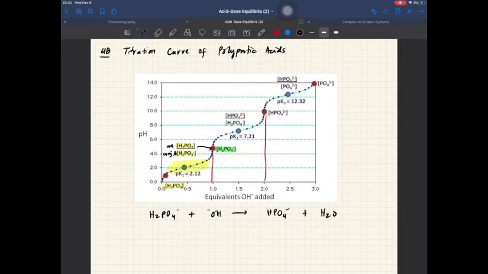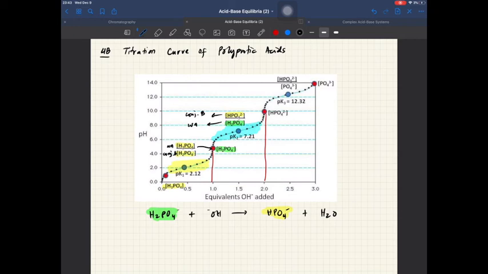So what is present after the first equivalence point are the species dihydrogen phosphate and hydrogen phosphate. This region becomes another buffer region. So why is it a buffer region? For the reason that it is composed of the conjugate base and the weak acid of the conjugate base.